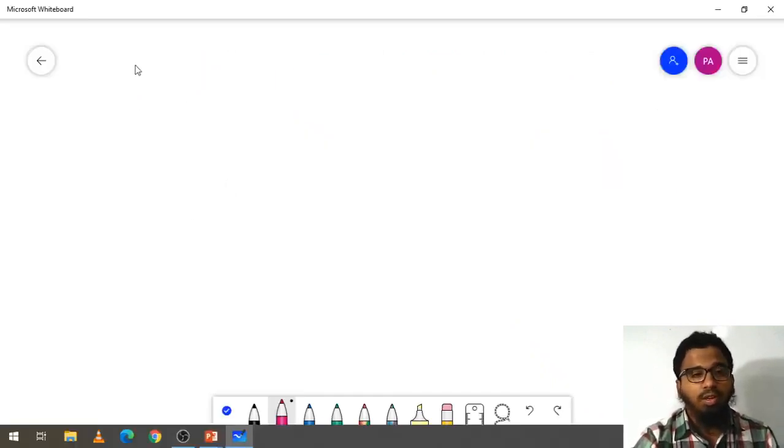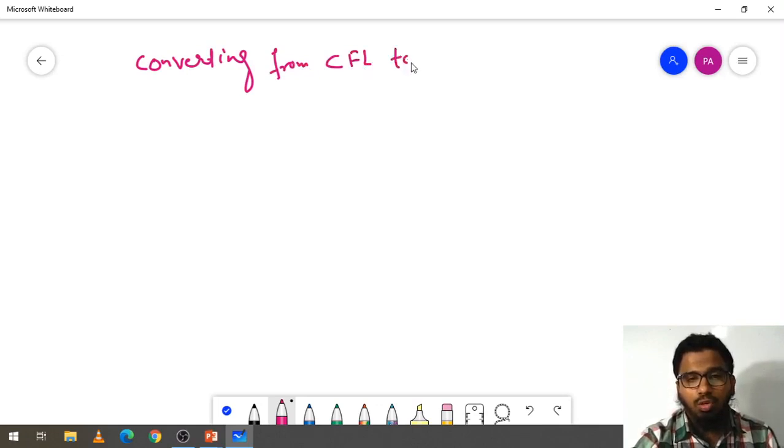the examples of converting from CFL to CFG, context free language to context free grammar.